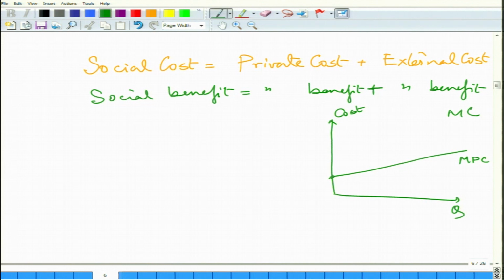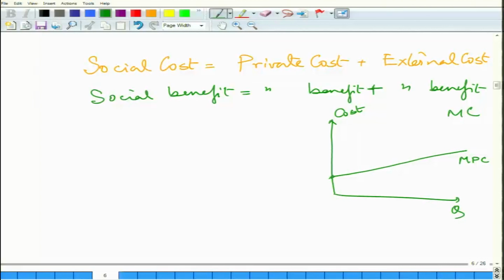Of course, when we talk about marginal cost, we talk about only the cost out of the production process, or the inputs. So that is the marginal private cost, and whenever we have this marginal private cost and we have an externality, in the case of a polluting industry, or a negative production externality, or eventually a negative consumption externality, then there is an external cost.